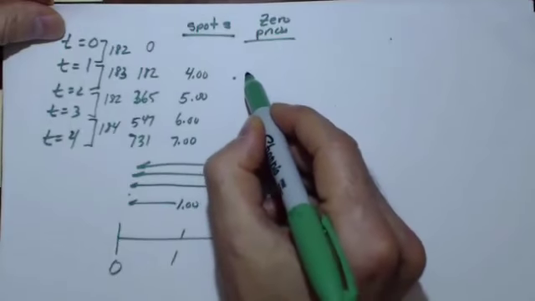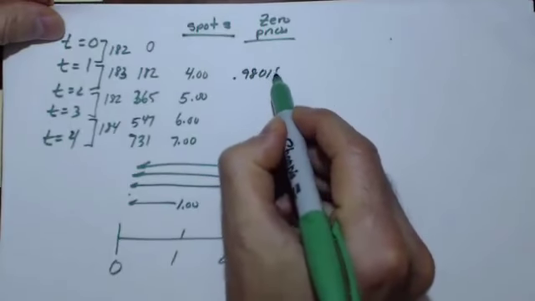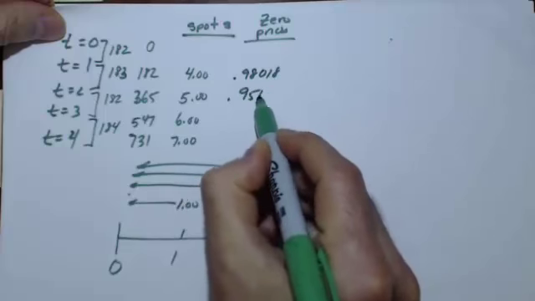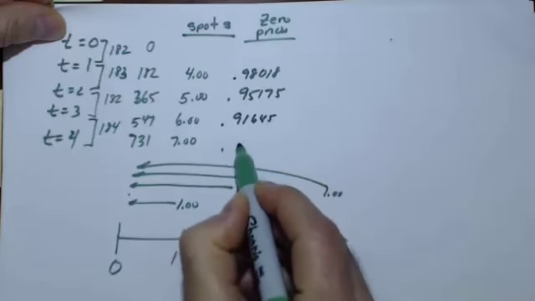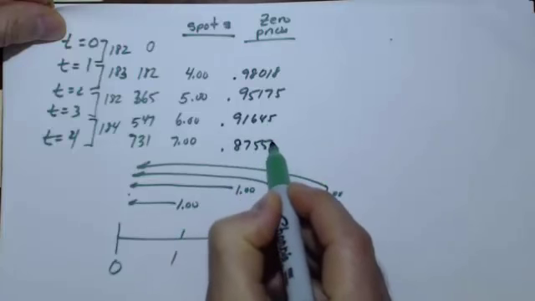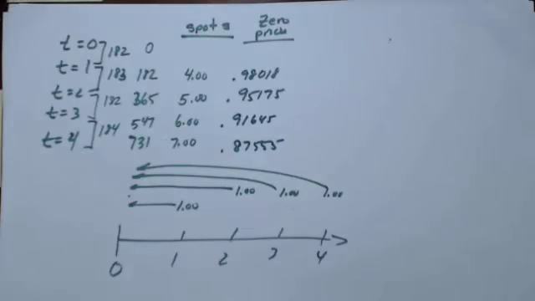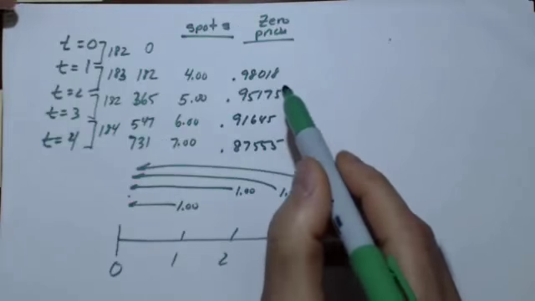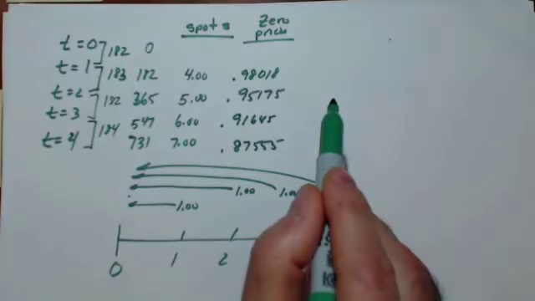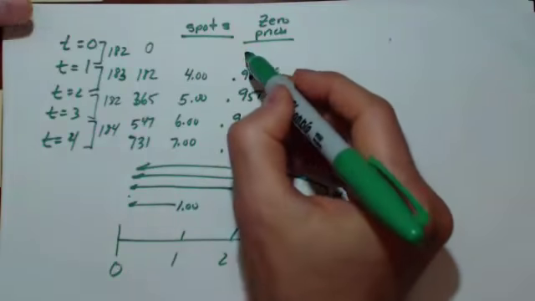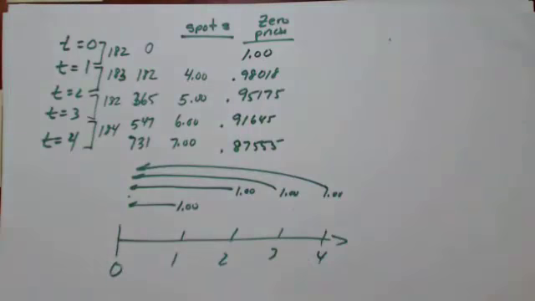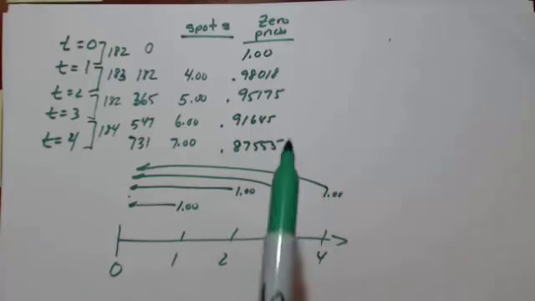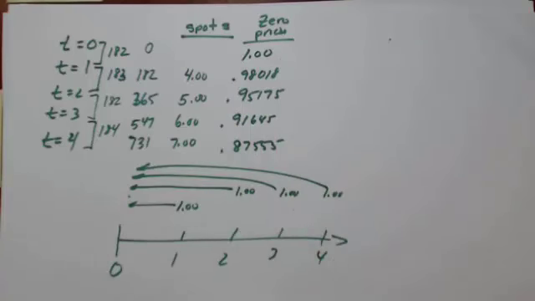This is 0.98018. Okay, so now we have our zero discount bond prices. Keep in mind that the price of a zero, if you discount $1 back at 0 days, you get $1. So the present value of $1 is $1, and so the price of a zero today that matures today is worth $1.